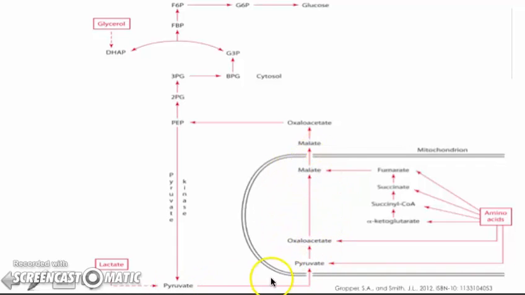First, we have pyruvate moving into the mitochondria, and then we have conversion of pyruvate to oxaloacetate, oxaloacetate to malate, malate leaving the mitochondria, and then being converted back to oxaloacetate, and the oxaloacetate is then converted to phosphoenolpyruvate. Here we then see the additional steps of gluconeogenesis, the activity of the phosphatase enzymes, and the eventual conversion to glucose.